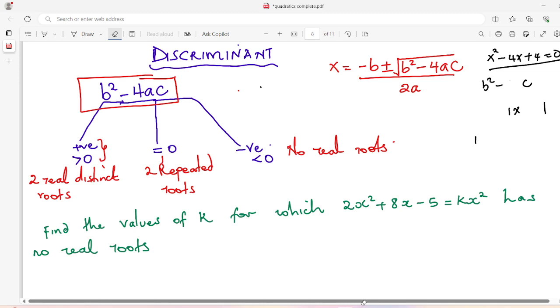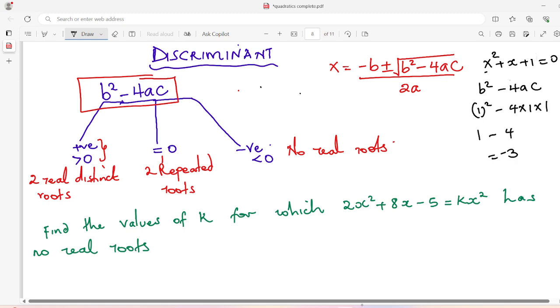So if I have, for example, x squared plus x plus 1 equaling 0, if I substitute in our discriminant expression, I'll end up having b, which is 1, squared minus 4 times 1 times 1. I end up having 1 minus 4, which is negative 3. So when you solve this quadratic equation, you'll get i, or it is not solvable, you'll get a math error.